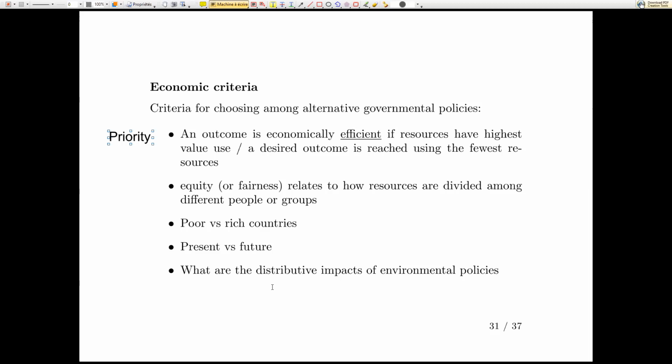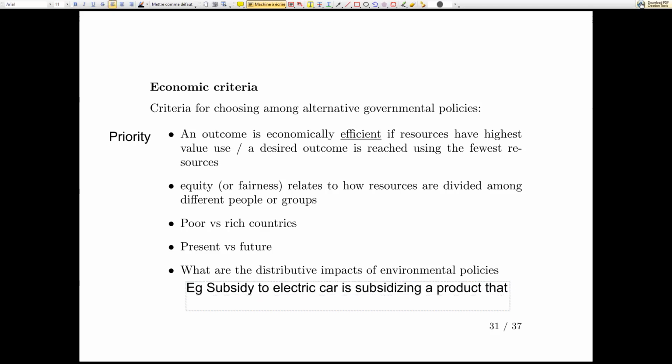And he said, well, a subsidy to electric cars is a subsidy to cars that are quite expensive, subsidizing a product that is consumed by people with high income already.